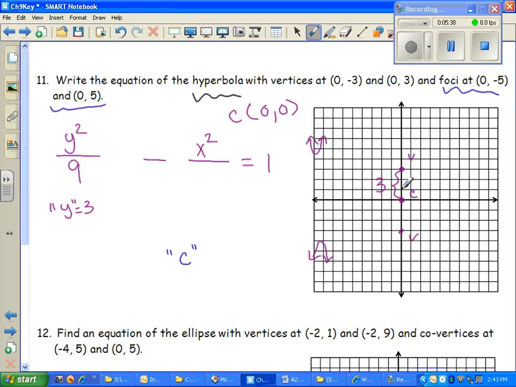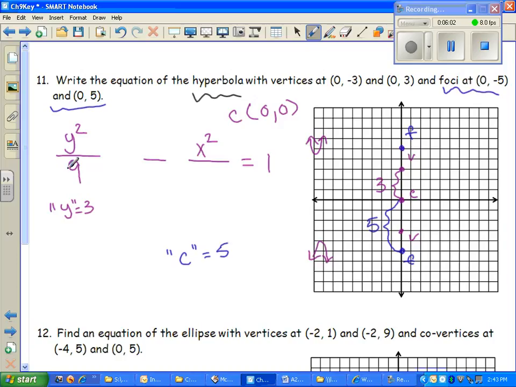So I'm going to plot these foci. One was at y value negative 5, and y value positive 5. And the x value of those was 0. So here are the foci. And the distance that the foci are from the center is 5. So the c value is 5.